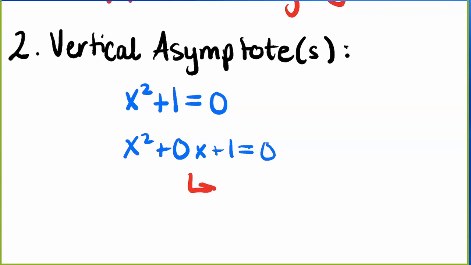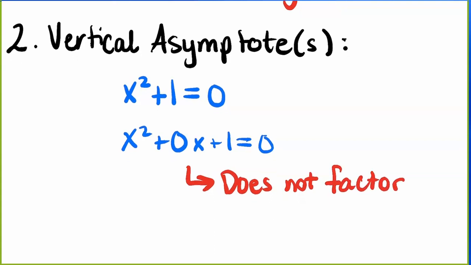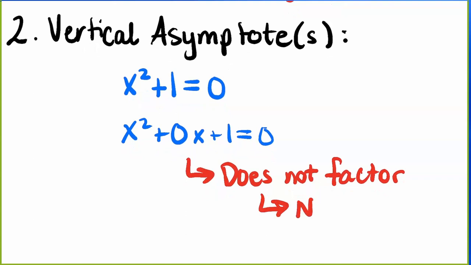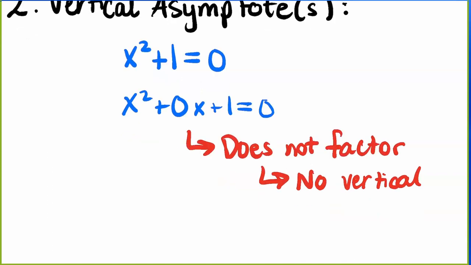So it does not factor, which is kind of good news for us, because that means it has no vertical asymptotes. Does not factor, meaning no vertical asymptotes.